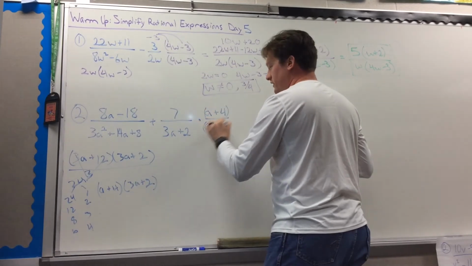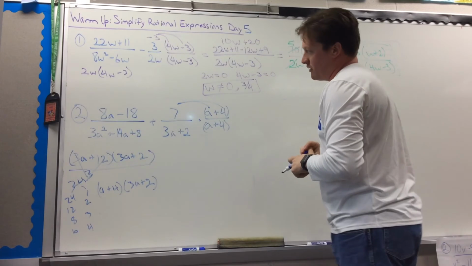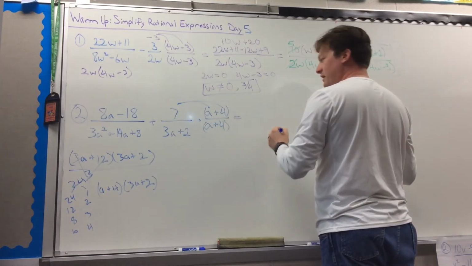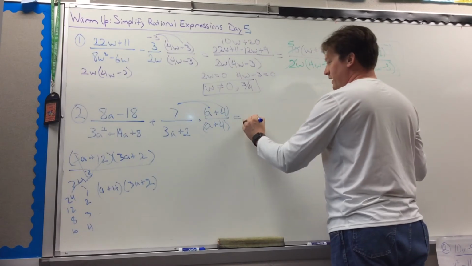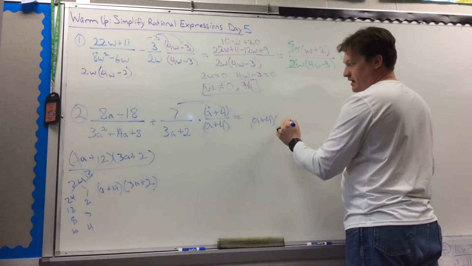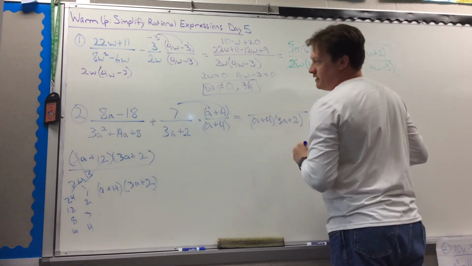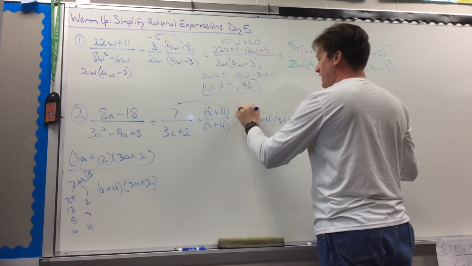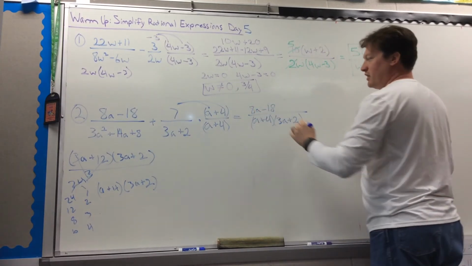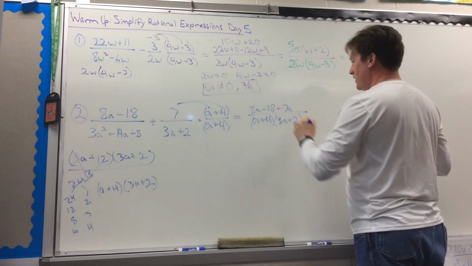I'm going to use parentheses to remind me that the 7 has to be distributed into that top part right there. So now that I know what my common denominator is, I'm going to write that out in factored form, a plus 4, 3a plus 2, and then on top, I've got 8a minus 18 plus 7a plus 28.